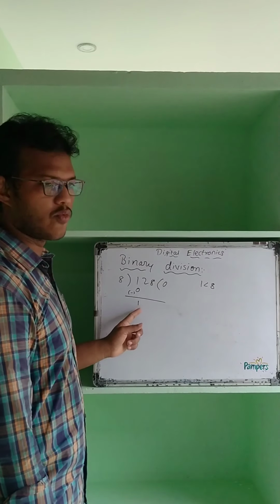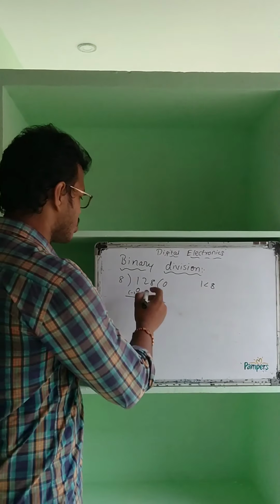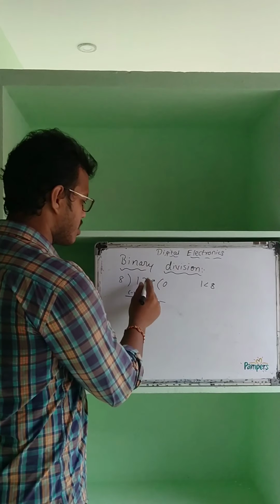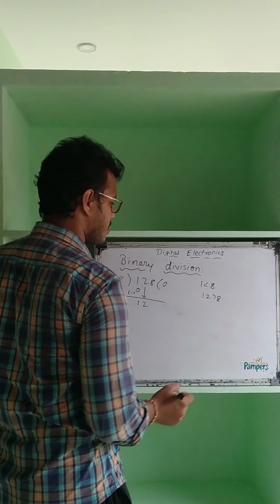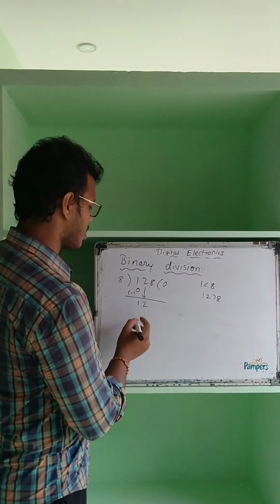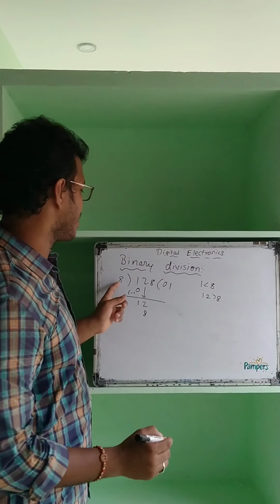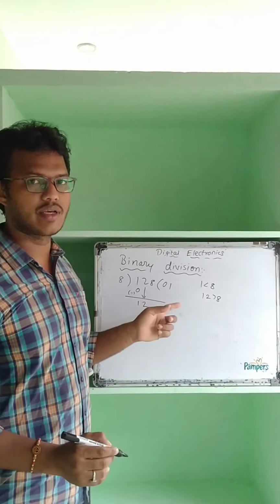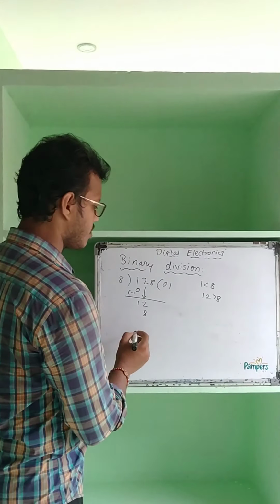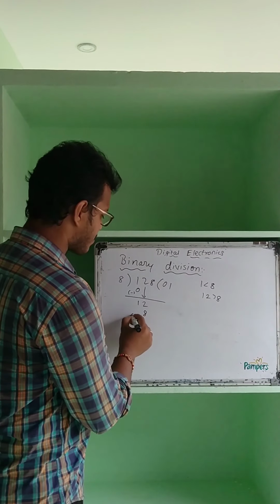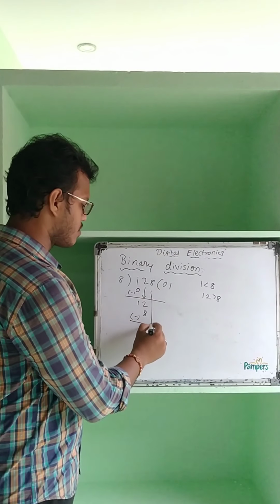Again 1 is less than 8. So bring down the 2. Now 12 is greater than 8. How many times will it go? 8 into 1 is 8. Do the subtraction. What do you get? 4. Bring down 8.